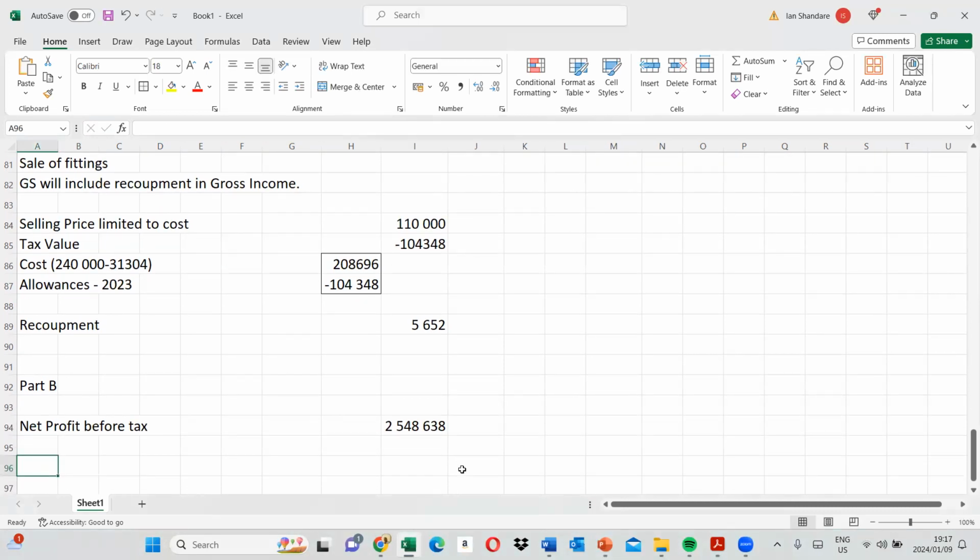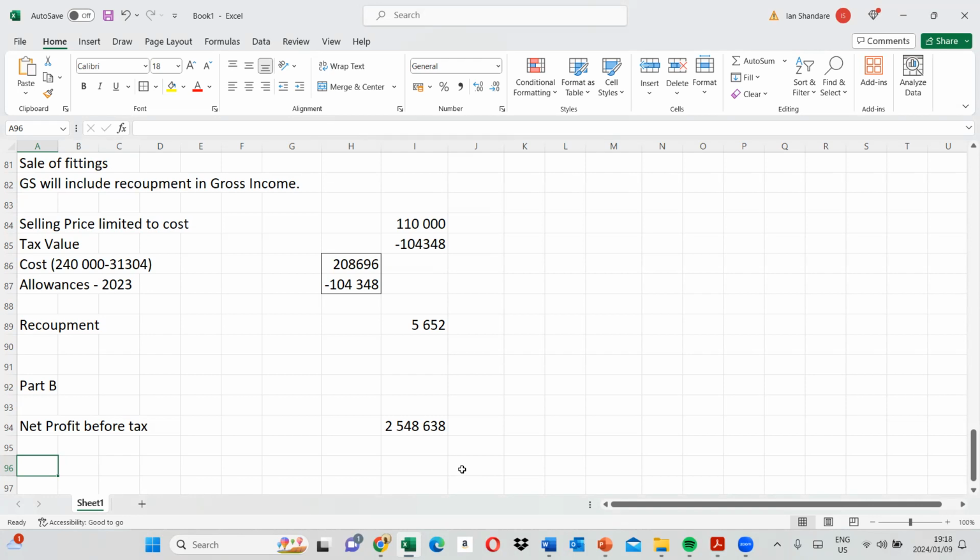Now, this question was a little bit different to the other questions that we have done. How is it different? It is different in the sense that there are accounting rules which may be different to taxation. Let's take, for example, depreciation. Accountants calculate depreciation when calculating net profit, but SARS doesn't calculate depreciation.